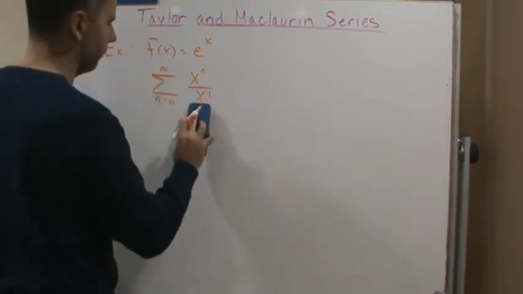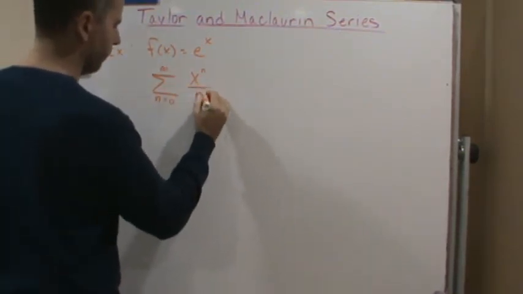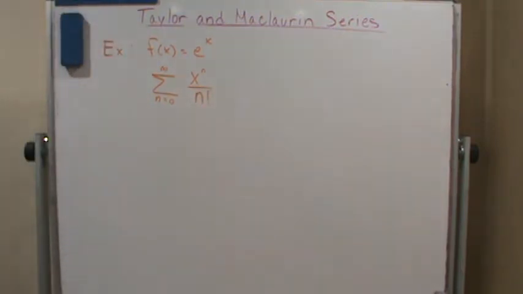Okay, so that gives us the Maclaurin series. Now, to determine the interval of convergence, we use the ratio test.